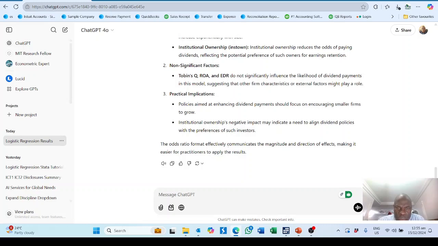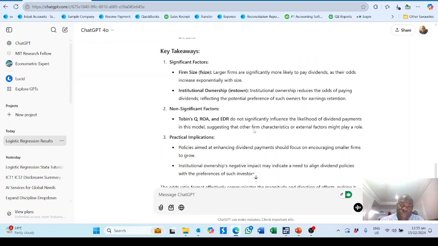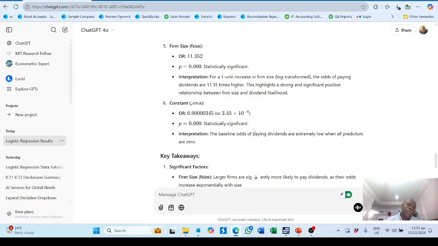The odds ratio format effectively communicates the magnitudes and the direction of effect, making it easier for practitioners to apply the results. So that is a wonderful interpretation that ChatGPT has given to our statistical analysis.